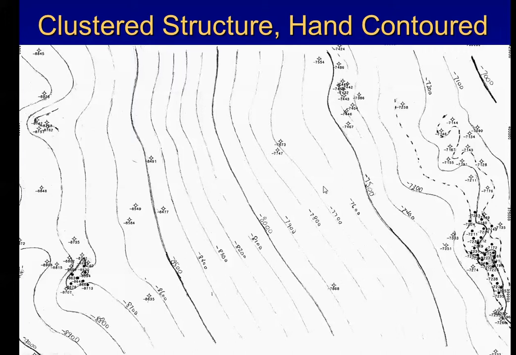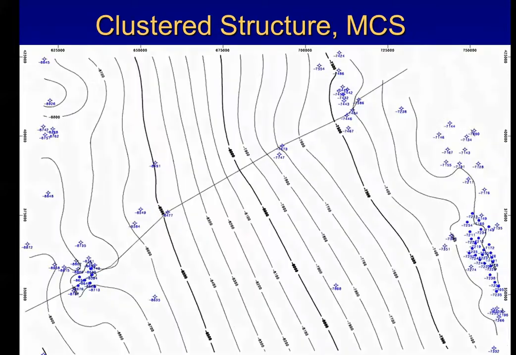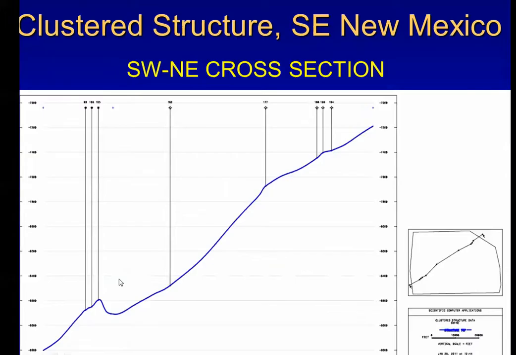Here's a map that was contoured by a recipient of the Sidney Powers Medal. Here's the MCS map. Notice that it found the closure. That closure.